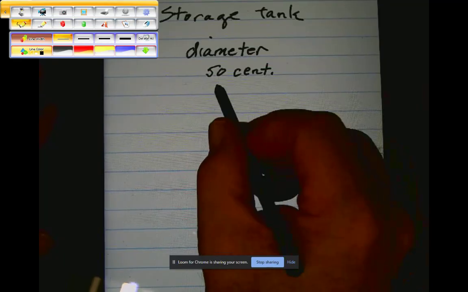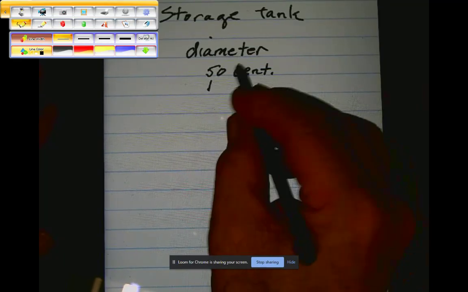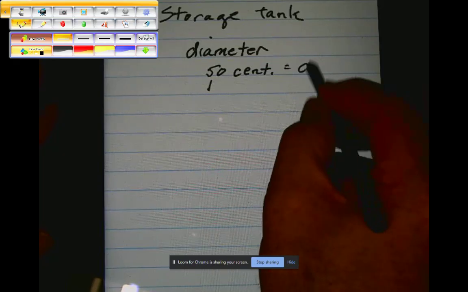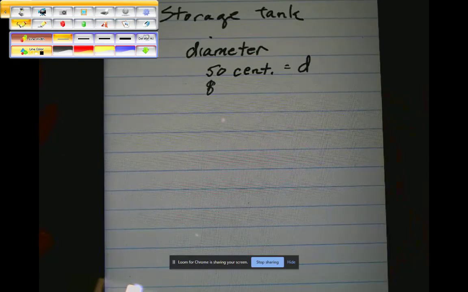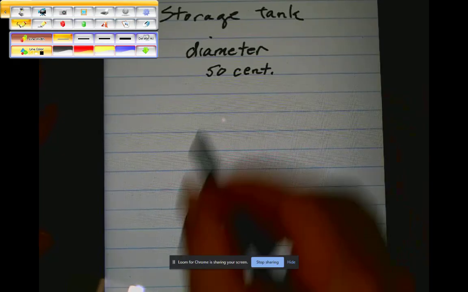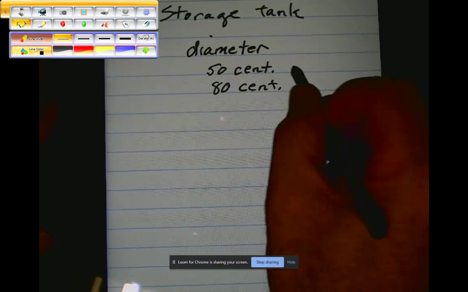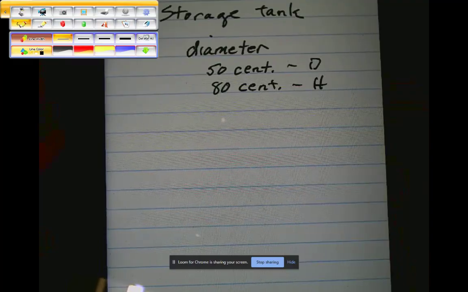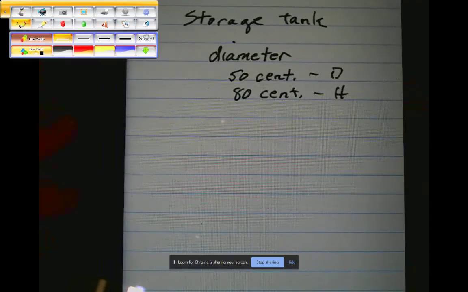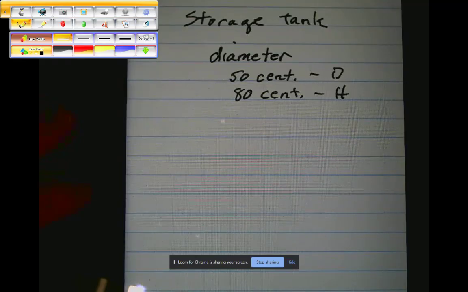And it has a height of 80 centimeters. So this is the diameter, this is the height. And so what would I do with this? I would just take this information.